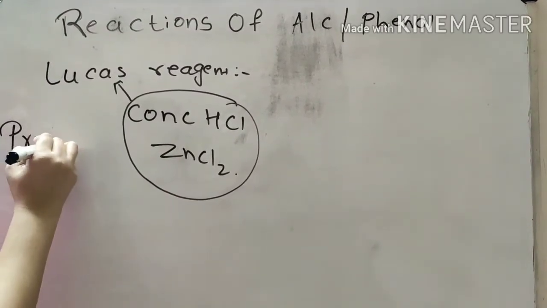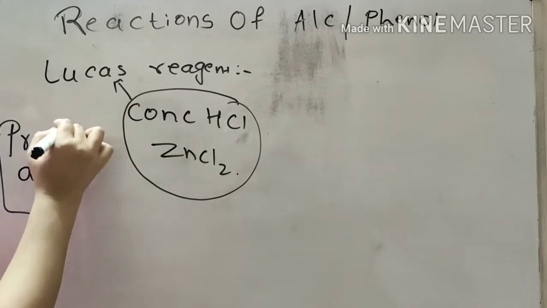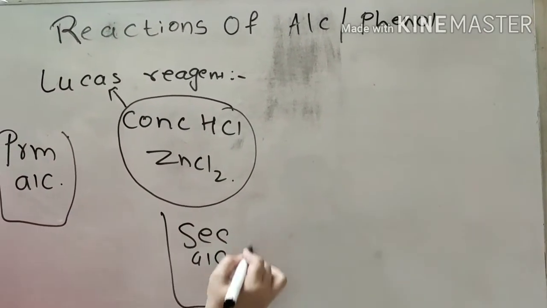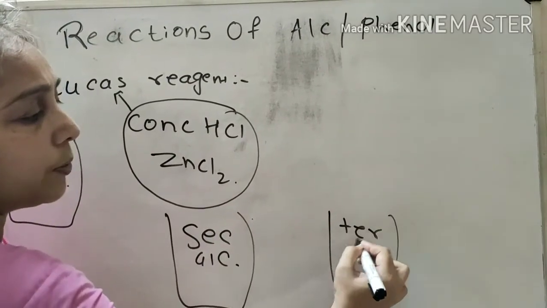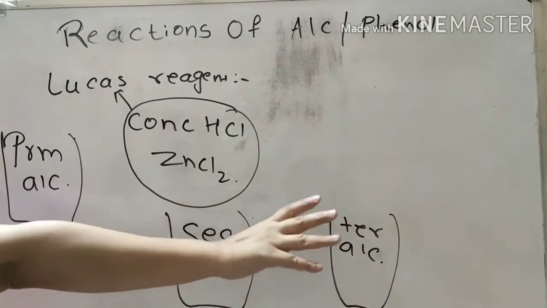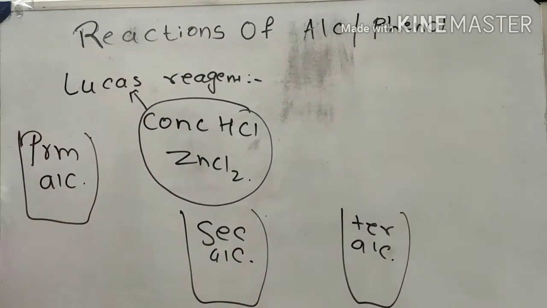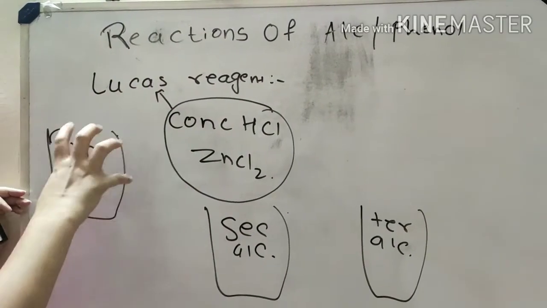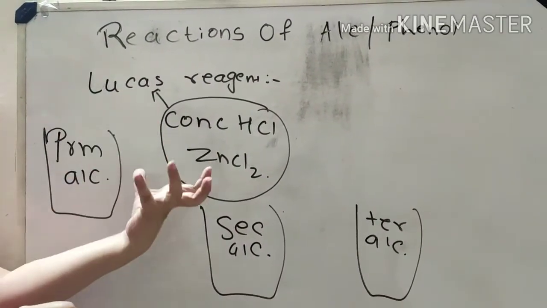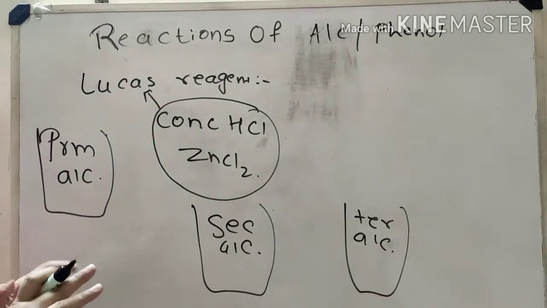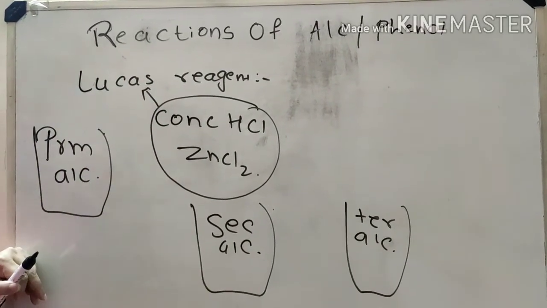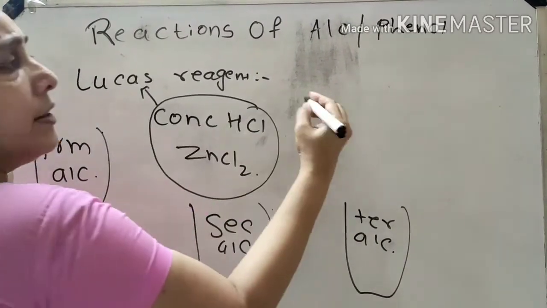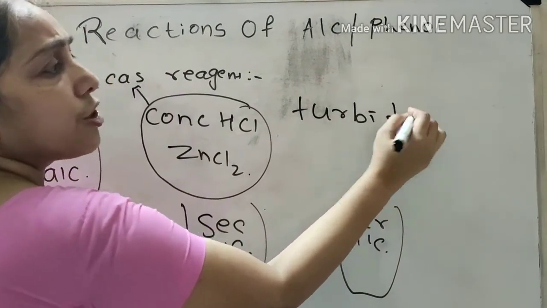Suppose there are 3 beakers, primary alcohol, secondary alcohol and tertiary alcohol. Initially we don't know in which beaker which type of alcohol is there. And in each beaker, if we add the Lucas reagent, then this alcohol is soluble, it is miscible in the Lucas reagent. But after some time when the product alkyl halide is formed, at that time a turbid solution is formed.